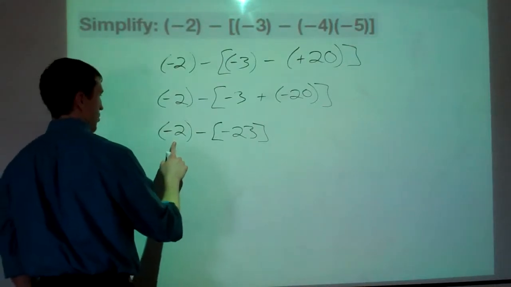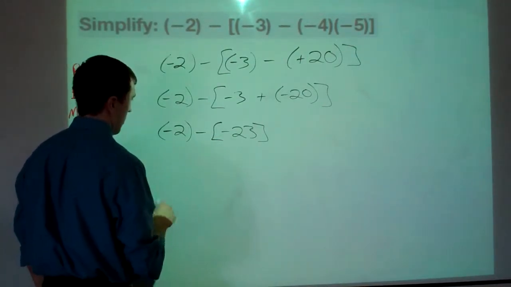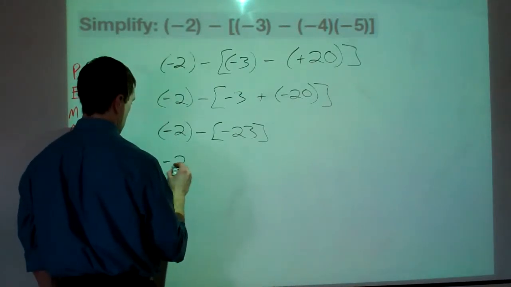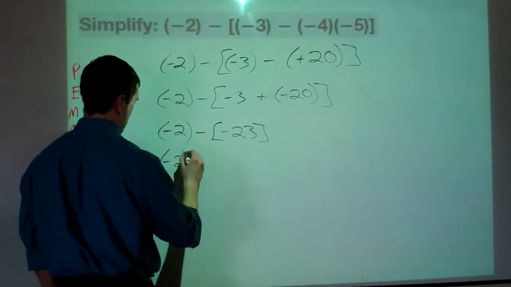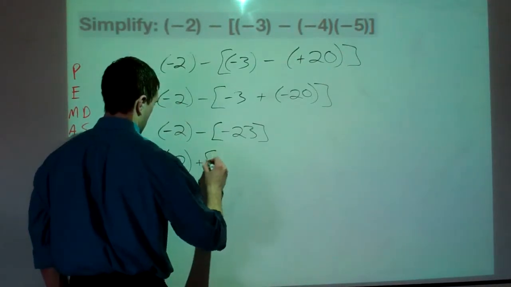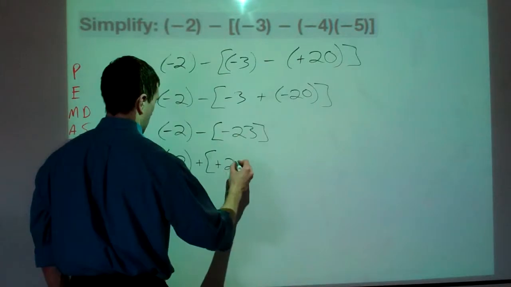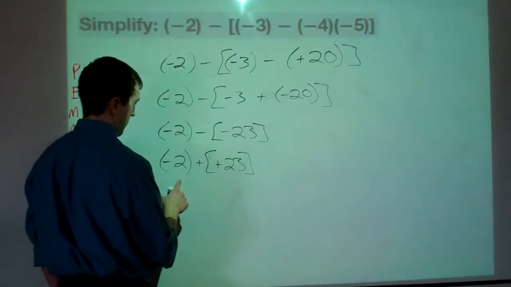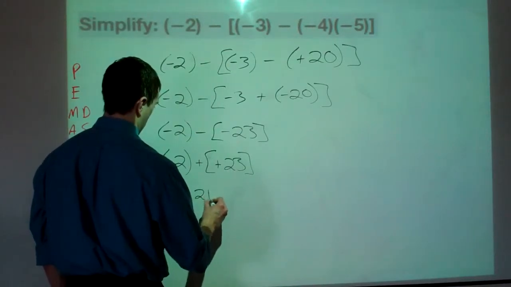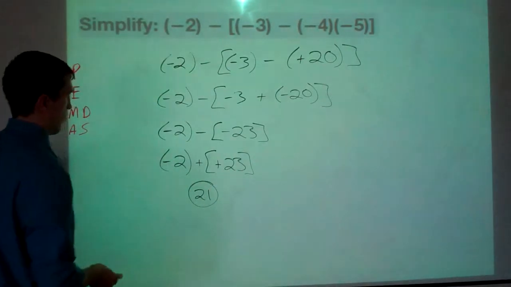So negative 2 minus a negative 23. I'm going to add the opposite again by changing that to addition. Oops. We get negative 2 plus 23, and it should be 21.